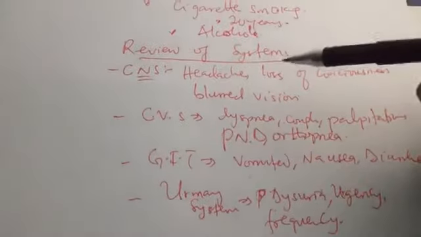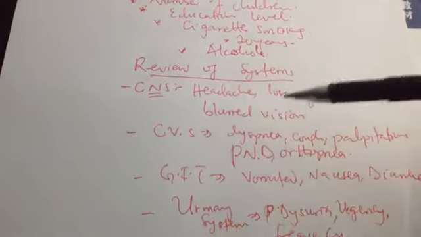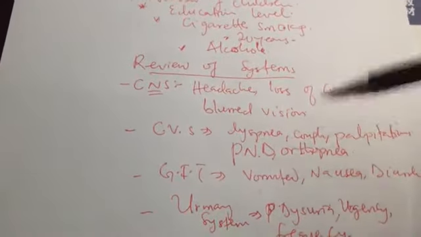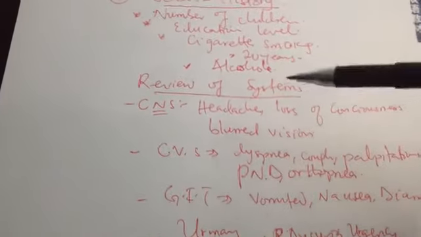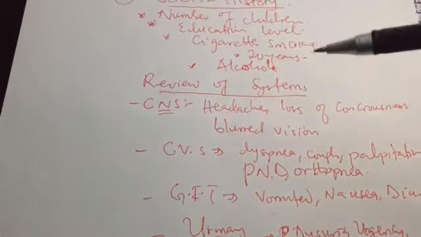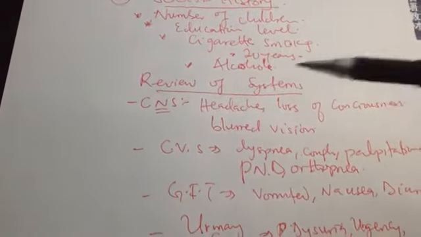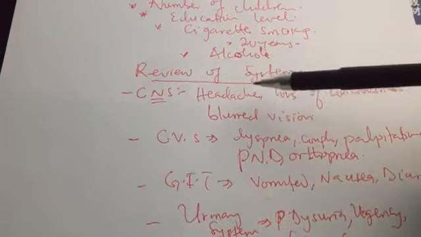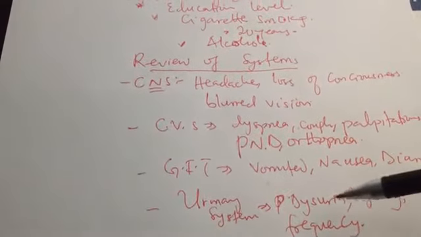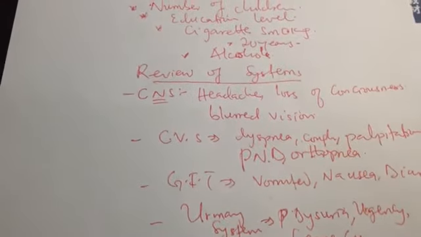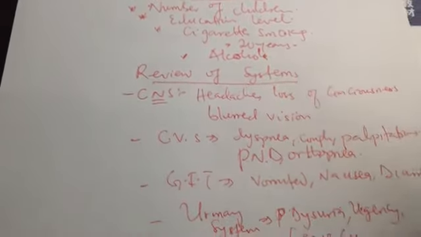So all these symptoms you are asking him, because some patients will have the symptoms but they will not tell you. For example, if they come to you with headache, they will assume that nothing relates headache to frequency of urine. They may be thinking, what connects headache and difficulty in urine?